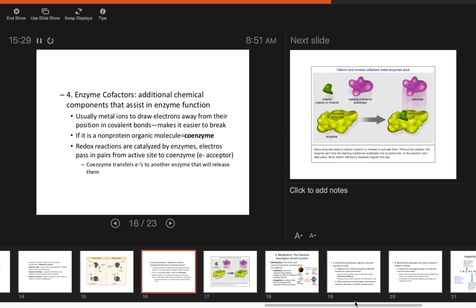If it is a non-protein organic molecule, we call it a coenzyme. Remember, with the transfer of electrons, redox reactions are taking place. And so in this case, our coenzyme is the electron acceptor. So if you accept an electron, is it being reduced or is it being oxidized? Think about the saying OIL RIG.